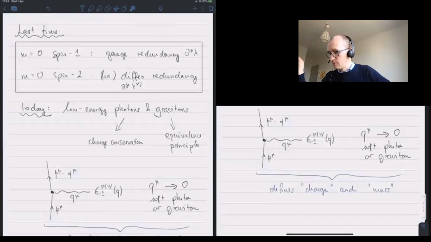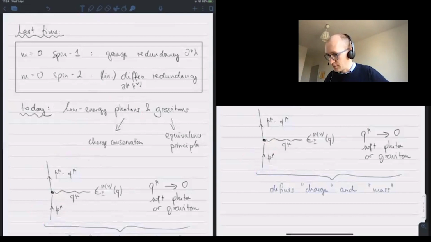Therefore, what we're going to look at is in particular low energy photons, which are defined by this diagram here. For example, we consider a process where there is a charged particle. The solid line here corresponds to a charged particle, which comes in. It emits a photon. So it has ingoing momentum p mu.